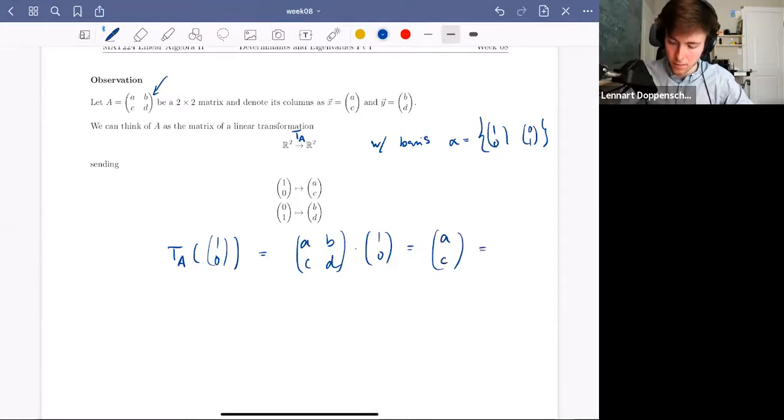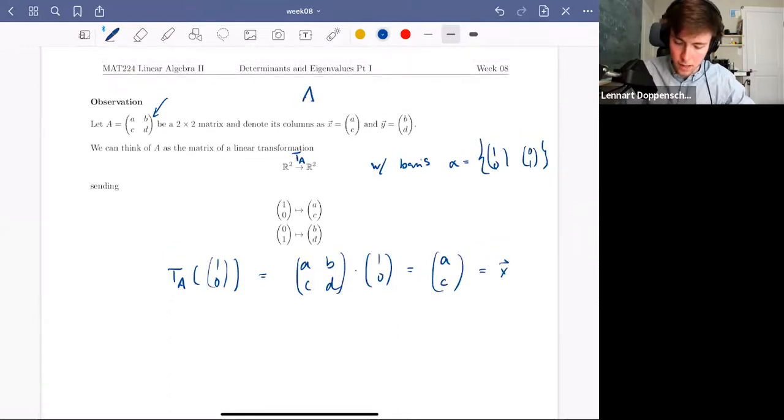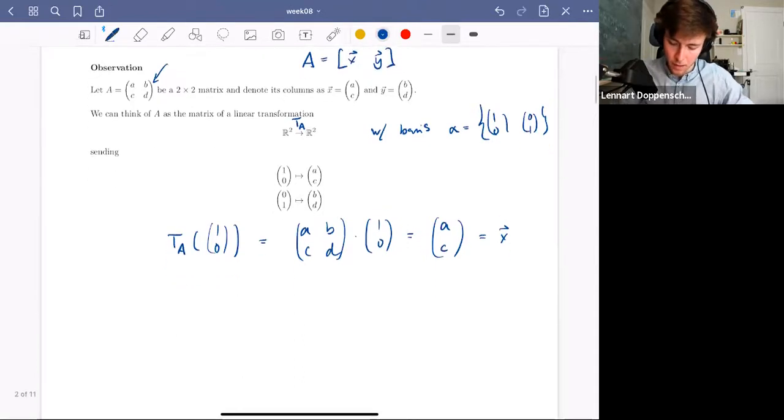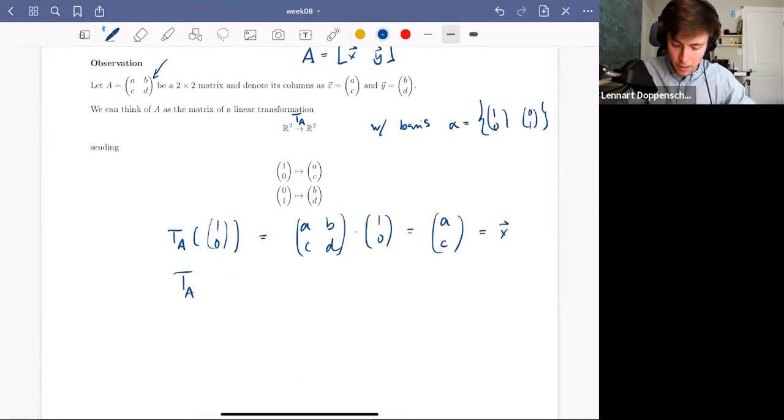So this is X, the first column, where A was written in terms of columns as X and Y. And likewise, if we apply T to the second basis vector, then what we get is the second column, B and D.